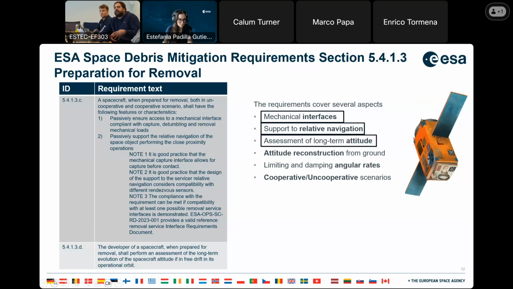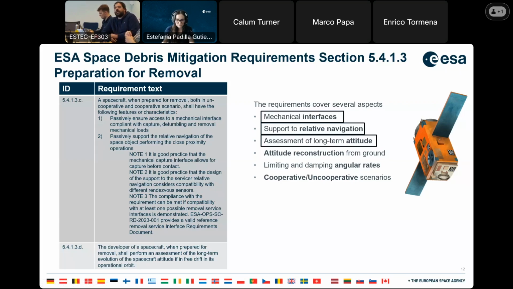Here, the important part, mostly for the mechanical interface, is to highlight that the requirement is not prescribing a specific design, but is highlighting some characteristics, some features that the mechanical interface for removal should have. For example, Note 1, you can see, states as a good practice that the mechanical capture interface allows for capture before contact. This is for sure something that is very important when designing a mechanical interface for capture.